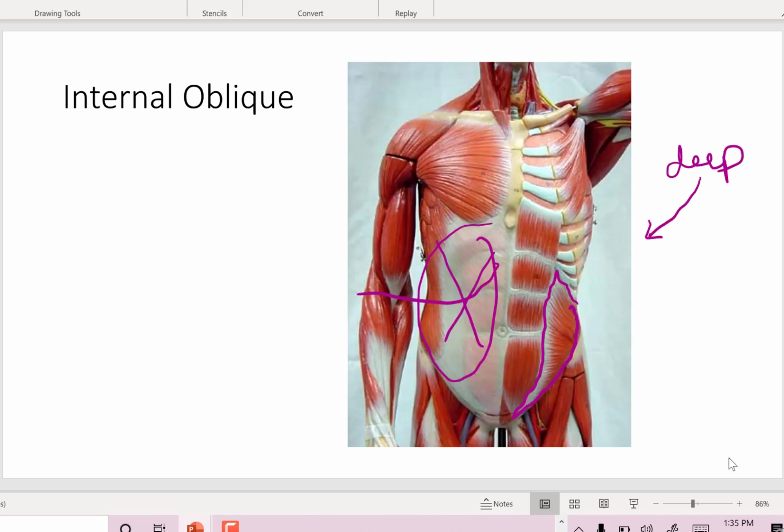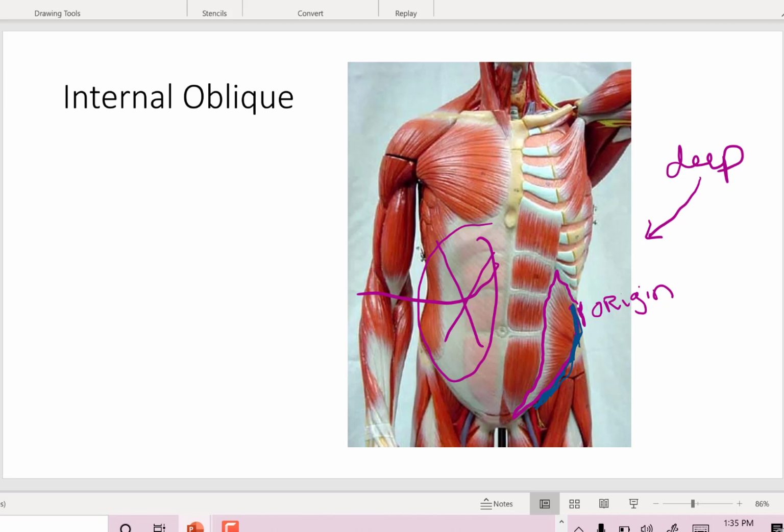Going back to our picture, we can see that the origin would be coming back here from the lumbar fascia. Here is the inguinal ligament. Down here, I'm showing it in blue now. And we also see the iliac crest. So all of this area would be the origin side.